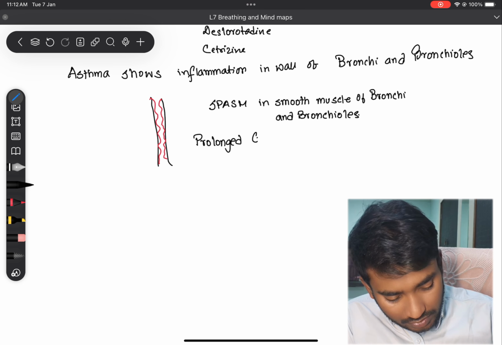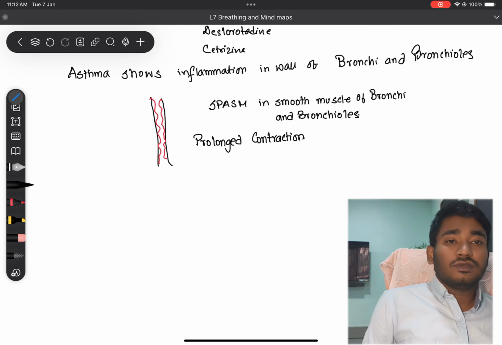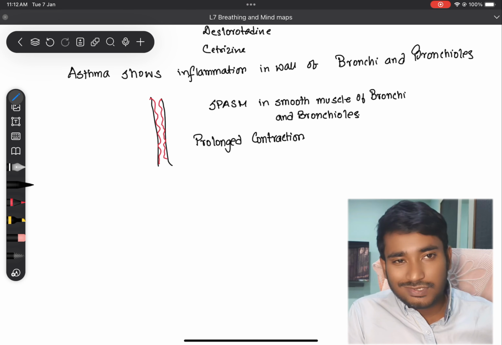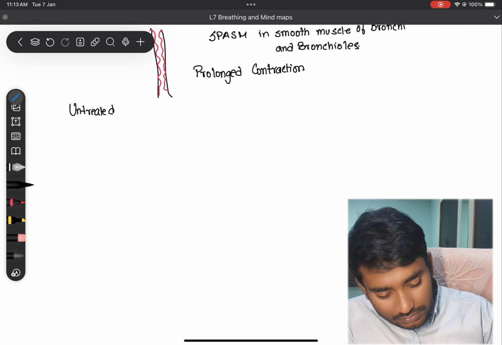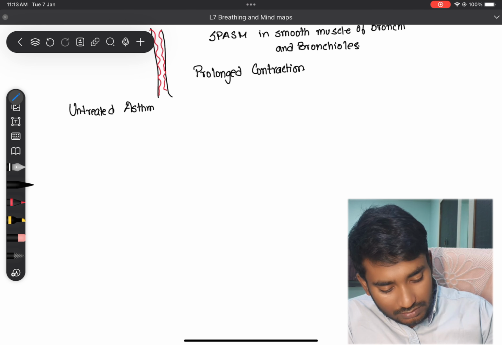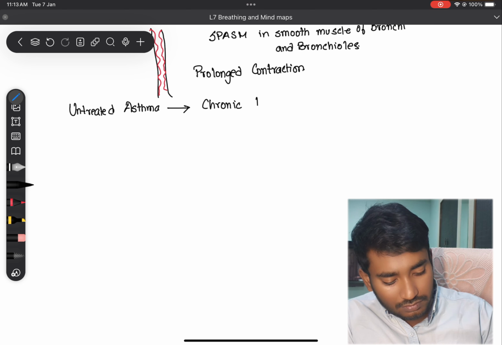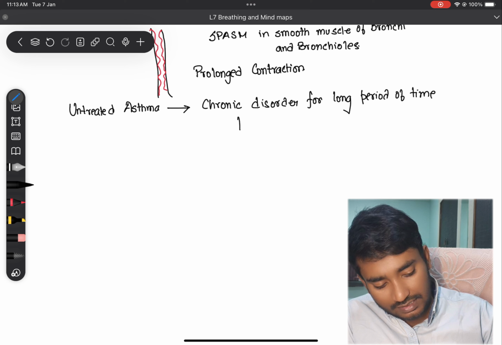If untreated asthma is kept for a long duration, that is, it becomes a chronic disorder for a long period of time, it may cause COPD.